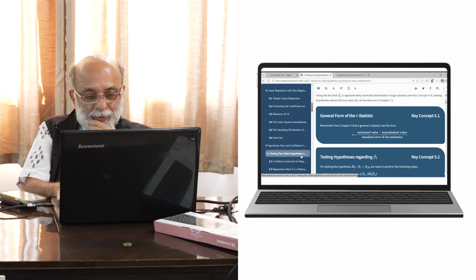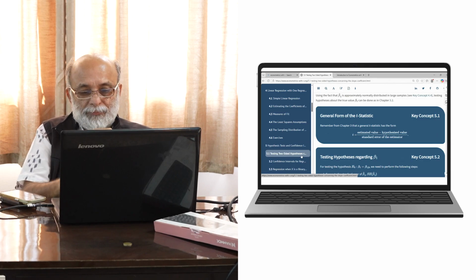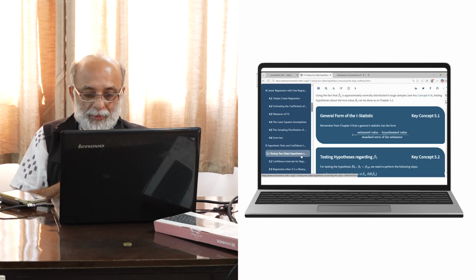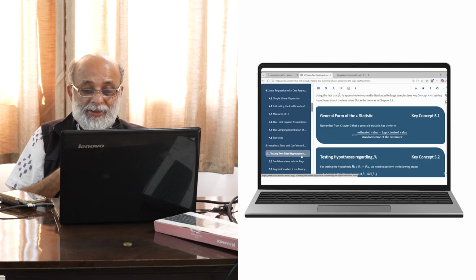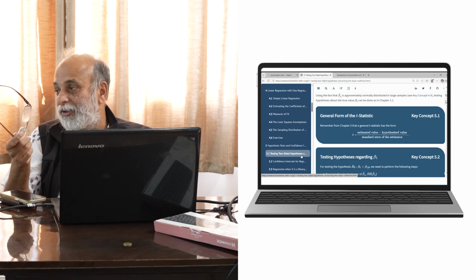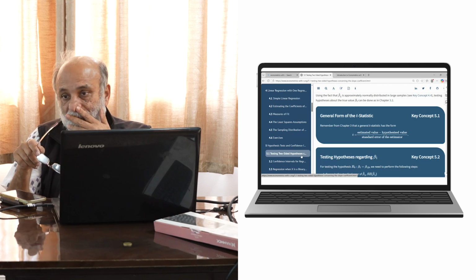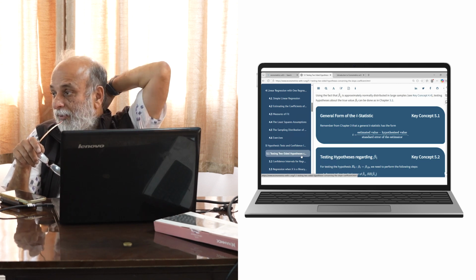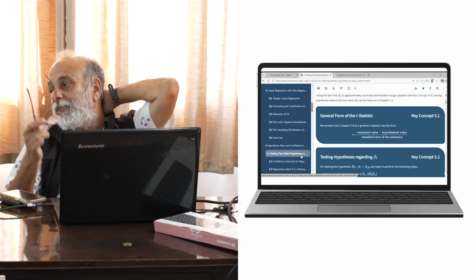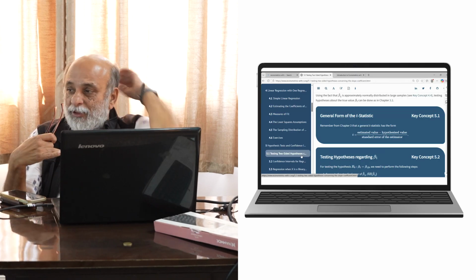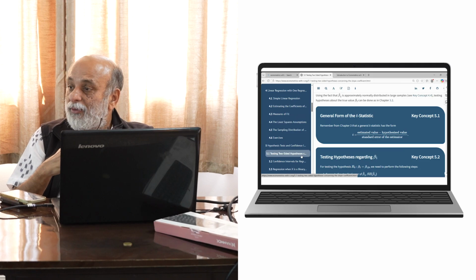Okay, now we need to test hypothesis about the beta. So basically the t-test, the null hypothesis is whatever the hypothesized value, estimated value minus the hypothesized value upon the standard error. Just like a t-test, no?